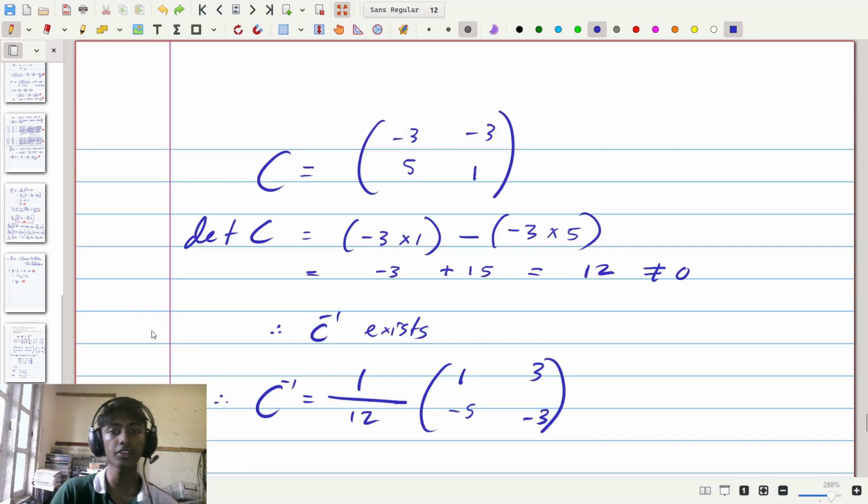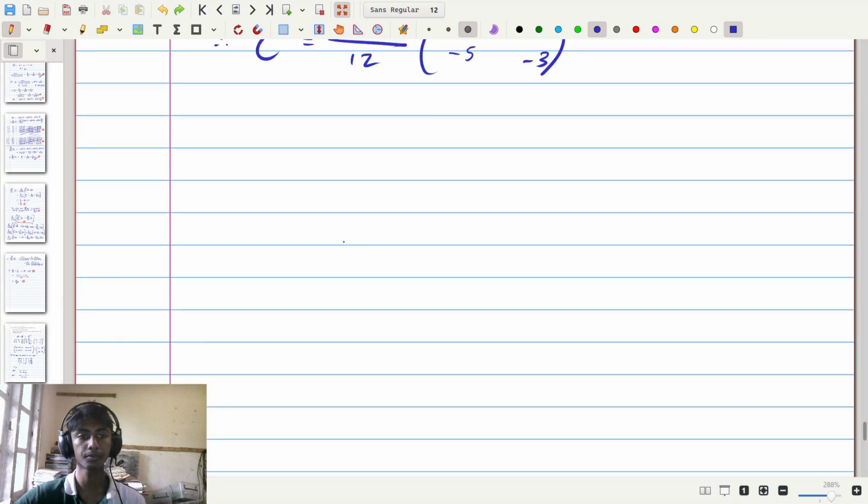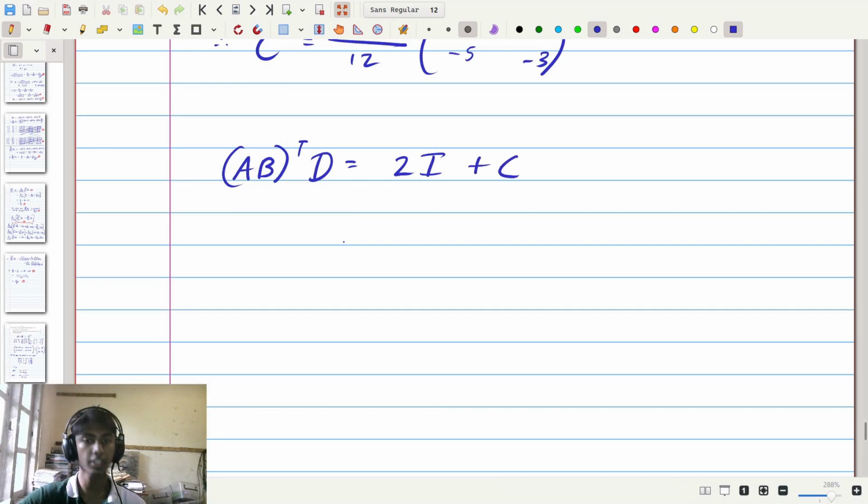So taking this matrix equation down, we can see we have AB matrix transposed times D matrix equals 2 times the identity matrix plus C matrix. Now from this, what I'm going to do is to do the substitution that I did, where instead of AB, I put C transpose. So therefore we have C transposed times D matrix equals 2Y matrix plus C matrix.